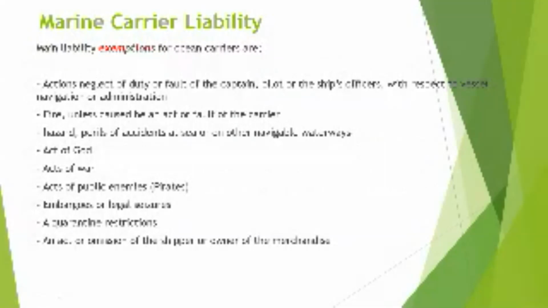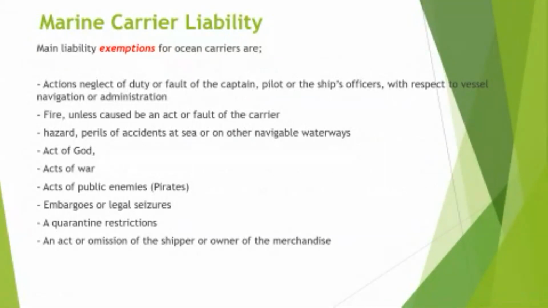If, for example, fire happens, an act of God, war, a public enemy, embargoes, quarantine restrictions, or hazards and perils of the sea happen, these are events that, if they happen to the vessel or the shipping company, exempt them from liability. So they are not obliged to pay or be responsible for the problem.